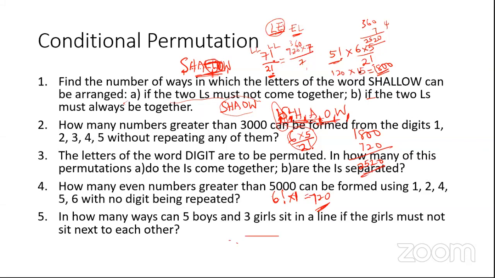I just need to go and subtract from the total number. So I hope you understand how they can be separated and how they can be together. And the fact that togetherness and being separated, when you add them together, they are mutually exhaustive. It means they will add up to give us the total without condition.